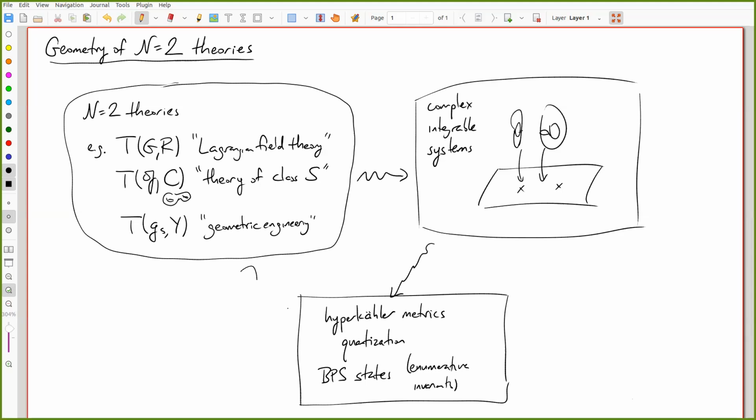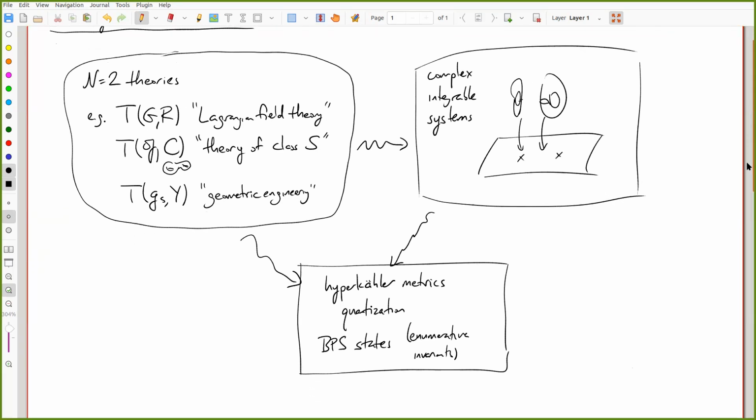And I should draw also an arrow here. So this is the broad outline of what we're going to do. Starting from an n equals 2 theory, there's a complex integrable system, and the n equals 2 theory gives you an interesting way of thinking about it, which in particular allows you to understand things like its hyperkähler metric, its quantization, and so on. So that's the broad plan.